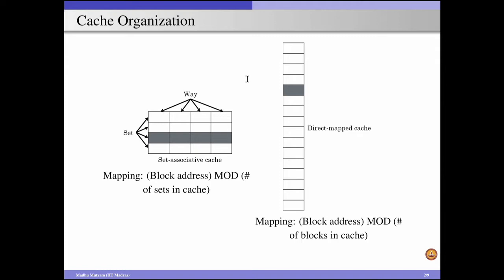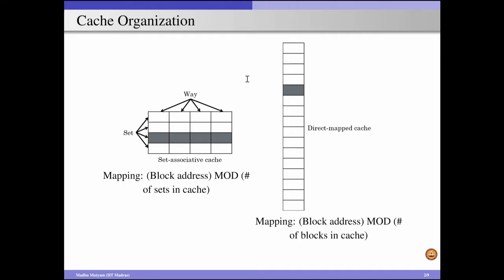So, in this direct mapped cache, to map a particular block to a fixed location in the cache, all we have to do is apply the mod operation on the block address with the total number of blocks in the cache.